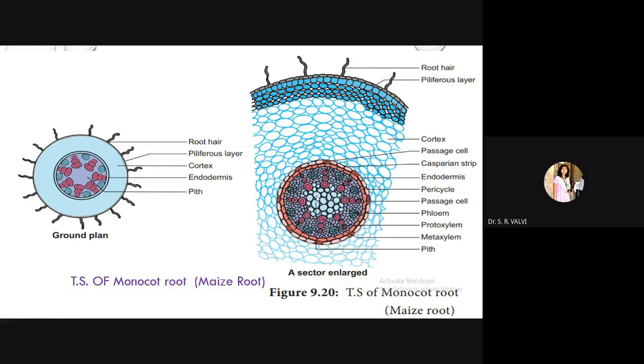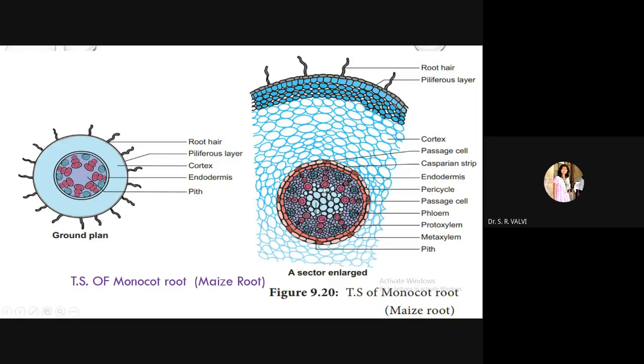If 3 would be there, you have to call it triarch. If 4, tetrarch. If 5, pentarch. So likewise, the arc condition of this xylem is present here. This is how we have to call it.